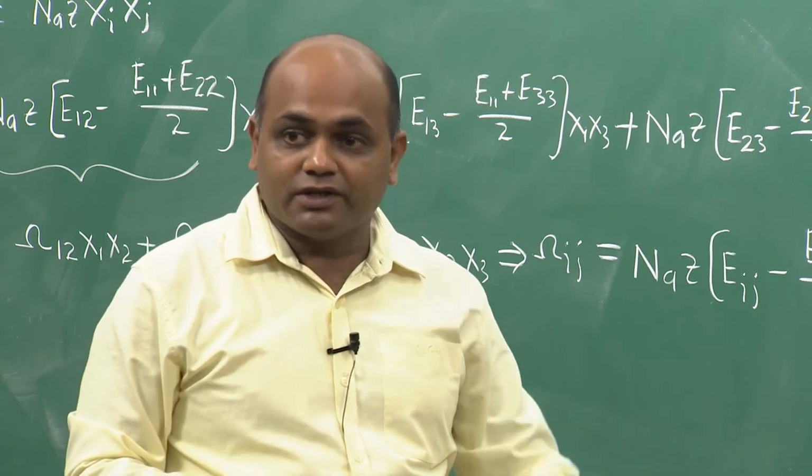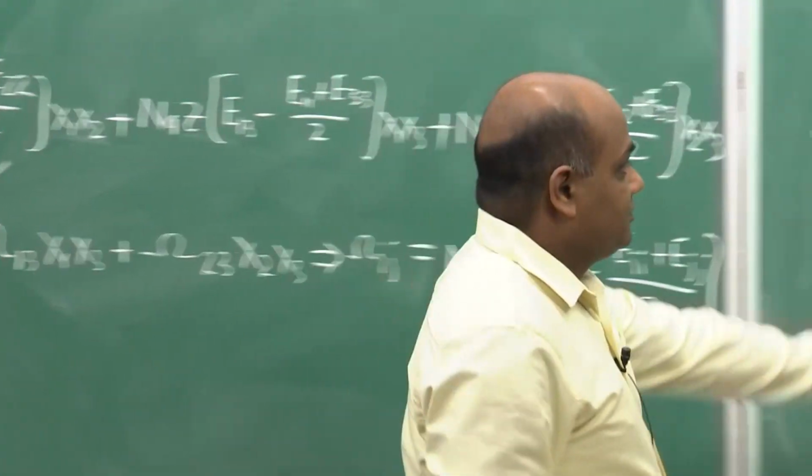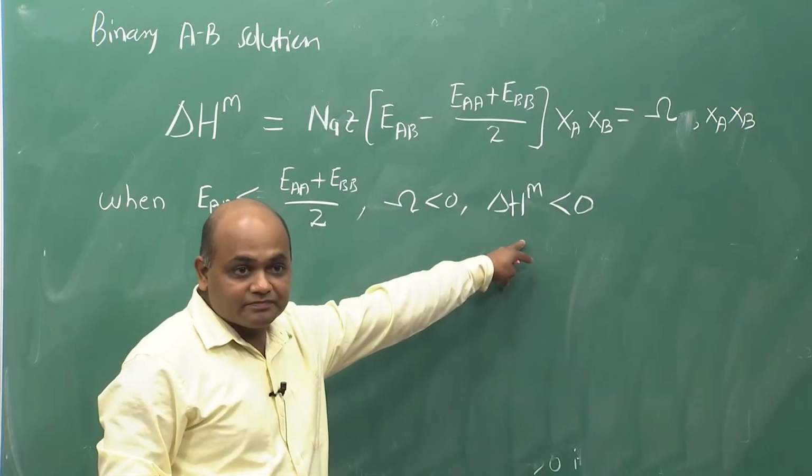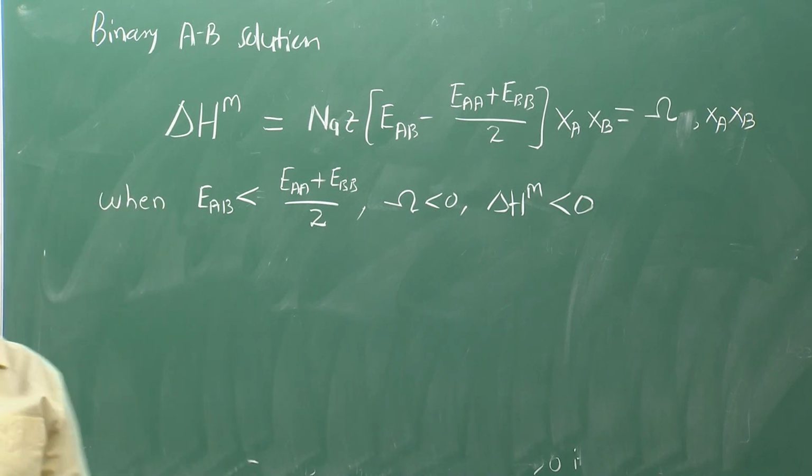That corresponded to the negative deviation from ideality. So here it means that negative deviation from ideality also means that delta H mixing is negative.